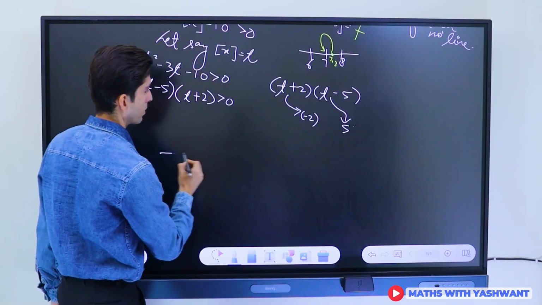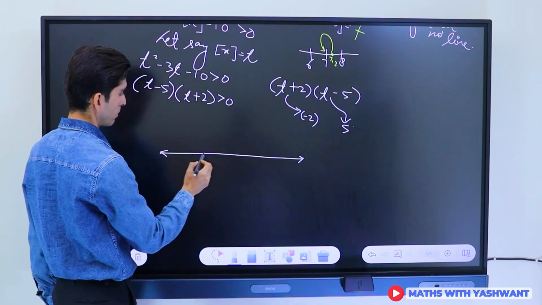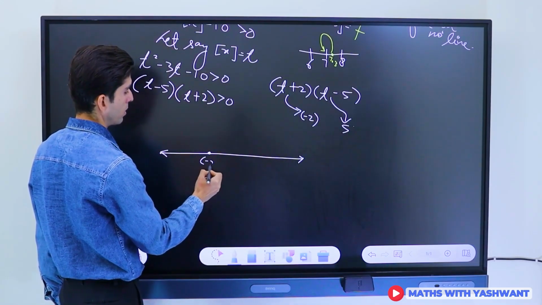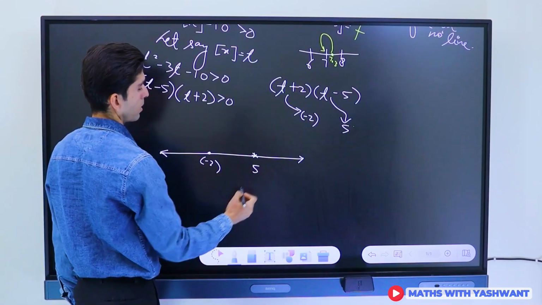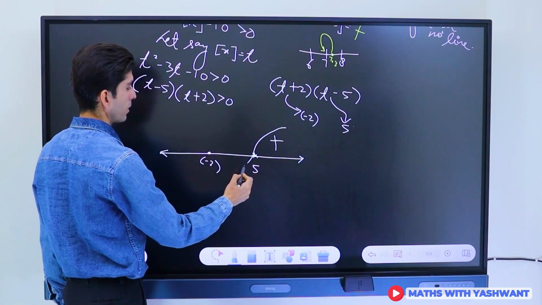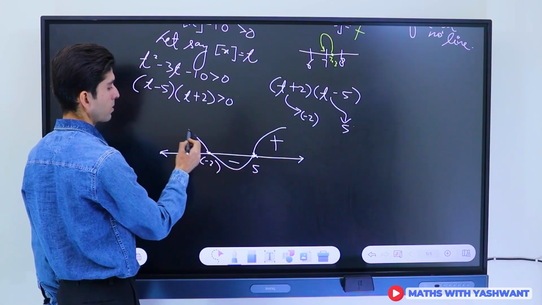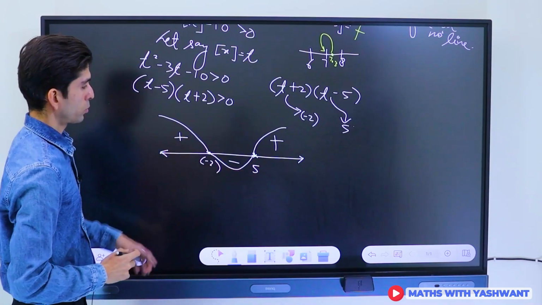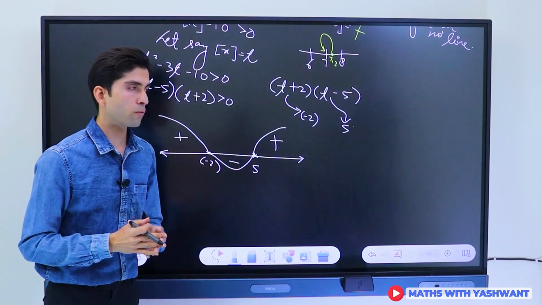So on the number line, we'll mark minus 2 and then mark 5. Now the wavy curve will start from the rightmost of 5 with a plus sign, then it will go alternate negative and then positive. The wavy curve is not the exact curve for the expression.